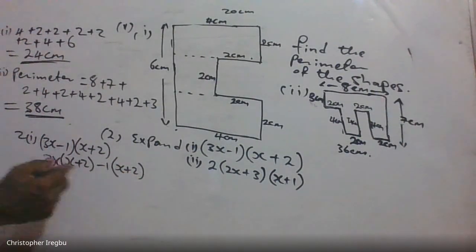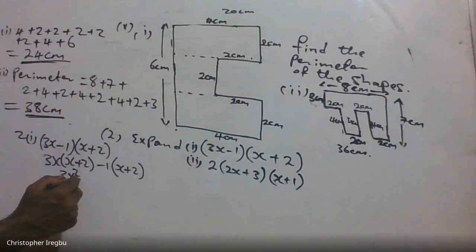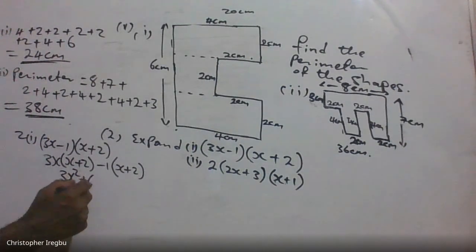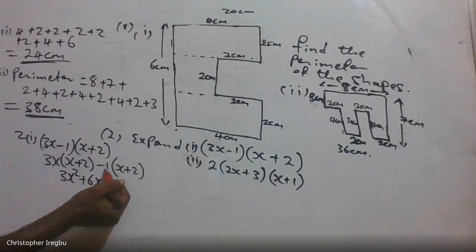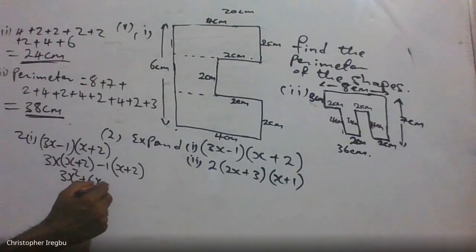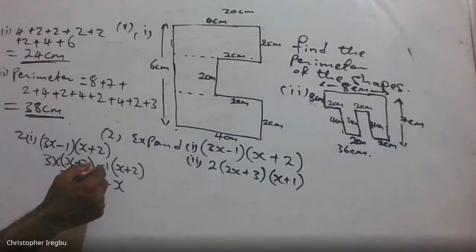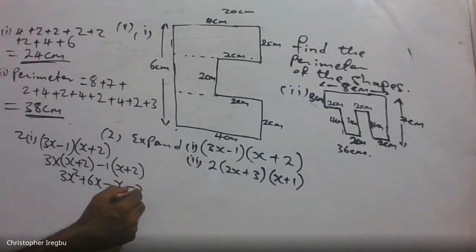So from here, you notice that 3x times x is 3x squared. 3x times 2 is 6x. Minus 1 times x is minus x. Minus 1 times 2 is minus 2.